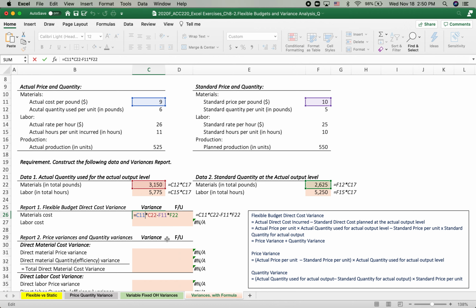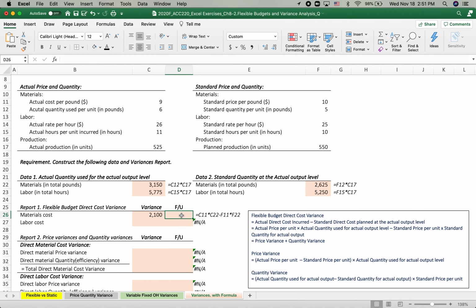We have a positive number. A positive number means that the actual direct material cost is greater than our plan. So $2,100 is unfavorable.